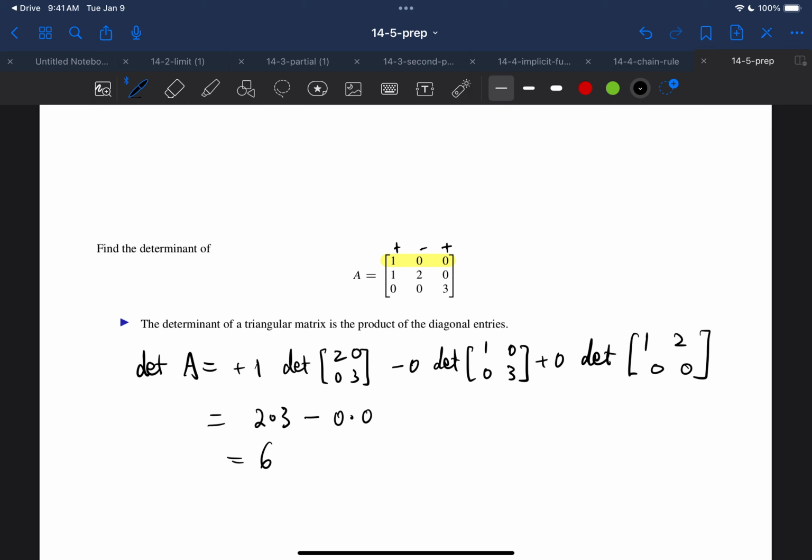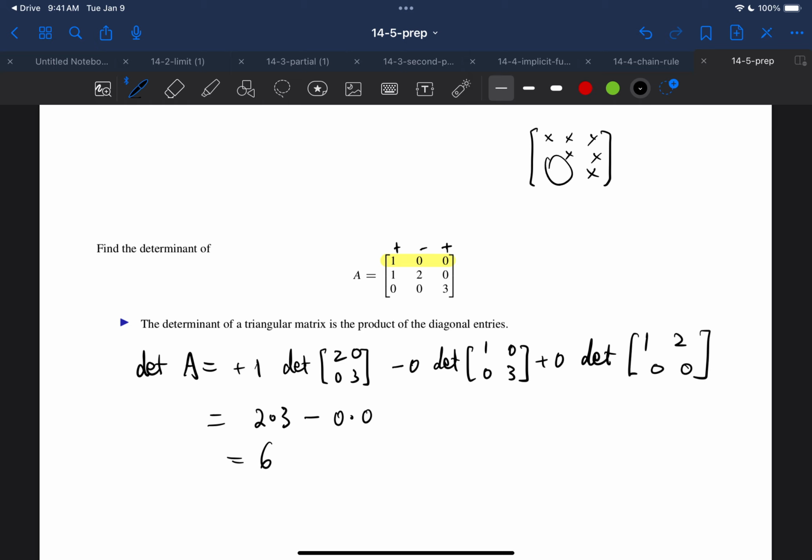All right, and here's another remark. The determinant of a triangular matrix is the product of the diagonal entries. What it means is, by triangular matrix, we mean something like this.